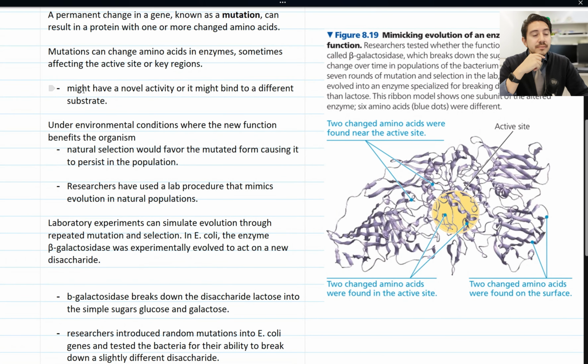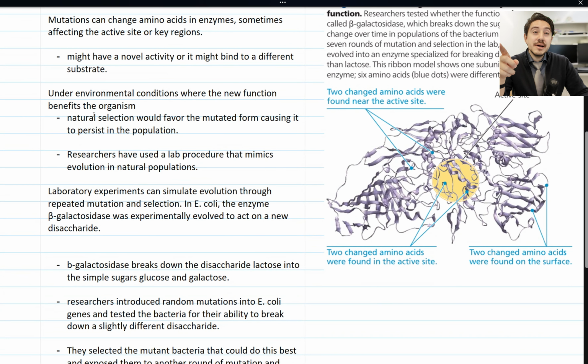Mutations can change the amino acid sequence of enzymes, sometimes altering the active sites, or key domains or regions that enable the conformation of the protein. But it doesn't necessarily have to be a bad thing. You can have novel activity, a new type of active site being created, or it could bind to a different substrate.